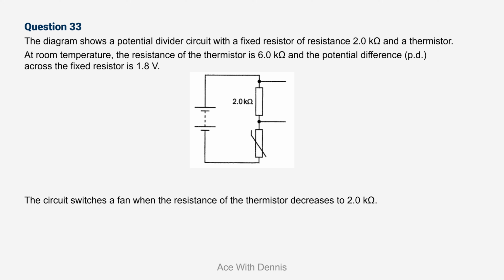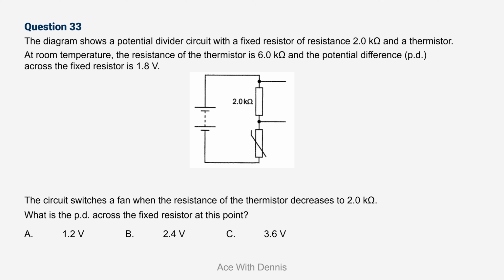The circuit switches on a fan when the resistance of the thermistor decreases to 2.0 kilo ohms. What is the PD across the fixed resistor at this point? A. 1.2 volts, B. 2.4 volts, C. 3.6 volts, or D. 7.2 volts.